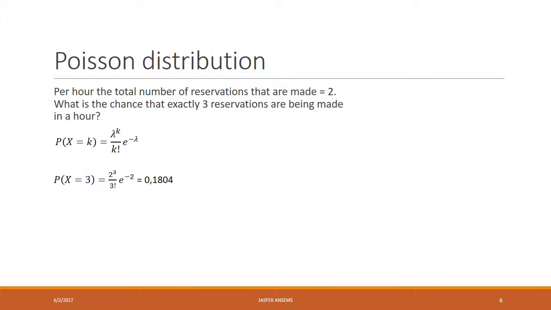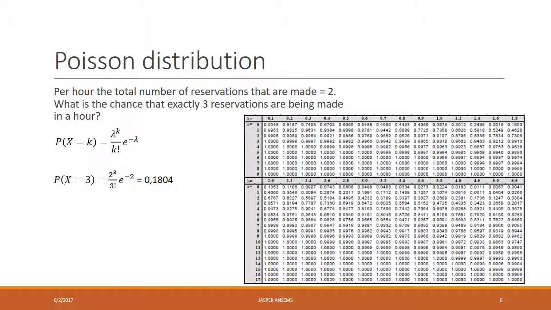0.1804. We can also look this up in the table shown on the right. So we need to find the 2, and x is 3, and there they are. But because we only want exactly 3, we need to take the 0.8571 from the table, minus the value for x is 2, because we only want the 3 and not x is 2 or less.